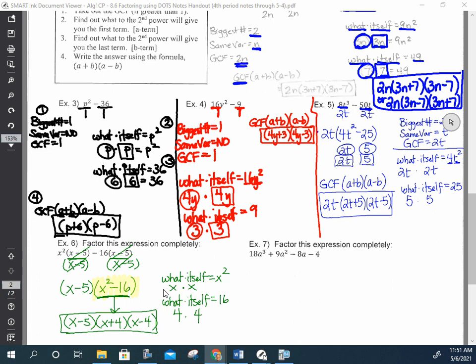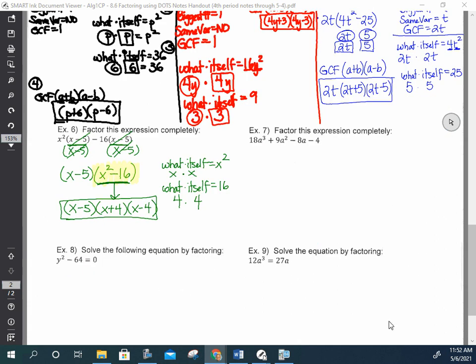That last example also has grouping in it, so we're going to do another example that also has grouping in it. And then we'll solve a couple of equations with difference of two squares. Any questions from anyone? Any questions at home before we jump on into this thing?